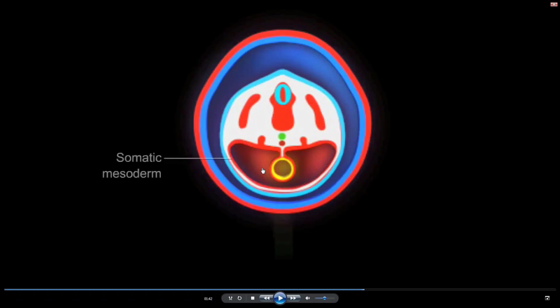But remember, there is still some way behind this section. There is still some connection. There is still the omphaloenteric duct, which is connecting the yolk sac to the gastrointestinal tract. So there is always some kind of connection between the chorionic cavity and the intraembryonic cavity. I hope you understand.